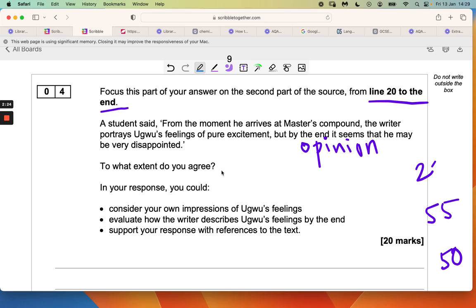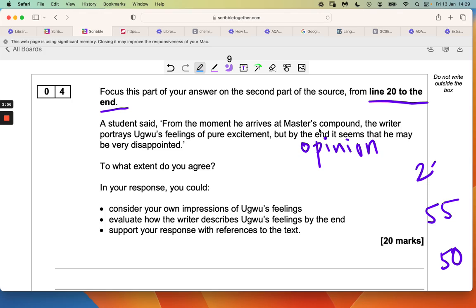Now, as I've said before, you always want to at least find one point of agreement and perhaps one point of disagreement, but in no way, shape, or form should you just disagree completely. So you have to find one place where it seems like, yeah, this could be the case. So you want to first find something that shows his pure excitement, because it gives you that tip right in it. It says feelings of pure excitement. So from lines 20 and 21, try to find somewhere where you see he seems excited.